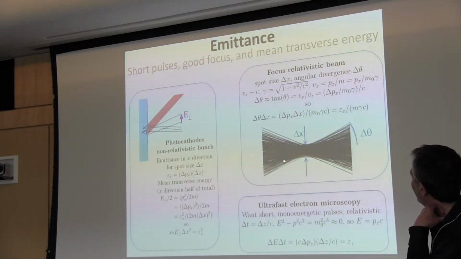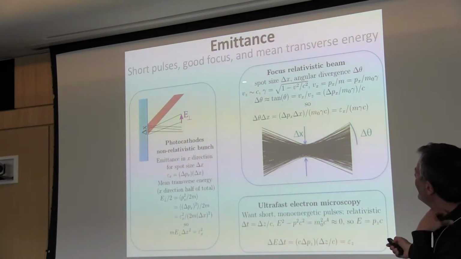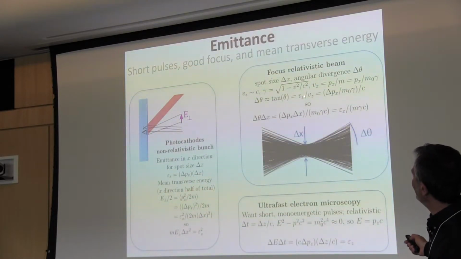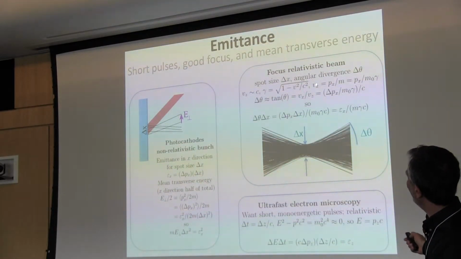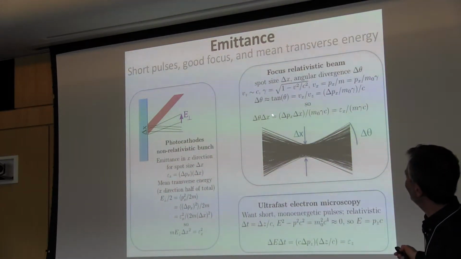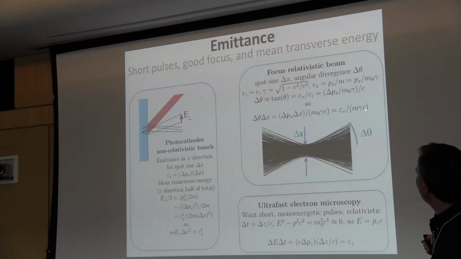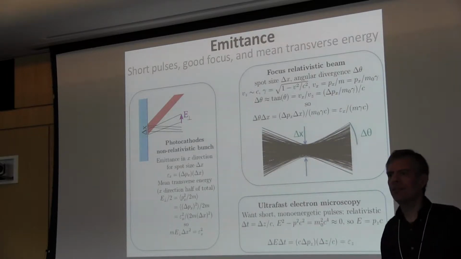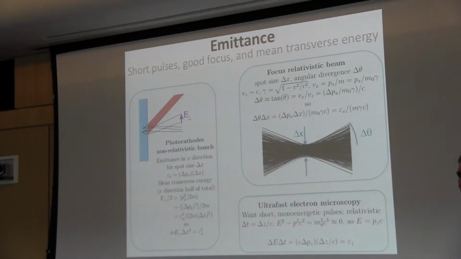And that's because the z velocity is near the speed of light, you work out the gamma factors and the v's and the thetas, and you come up with this nice formula that the range of thetas times the spot size is given by the emittance in the x direction divided by m times c times this relativistic expansion factor gamma.